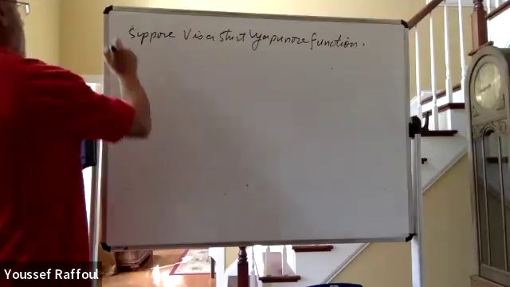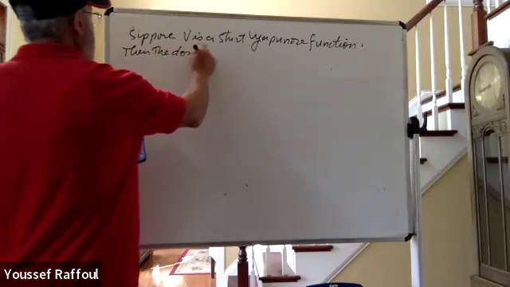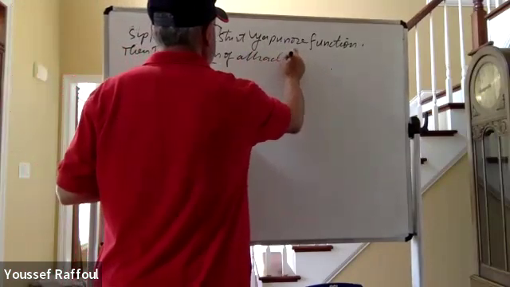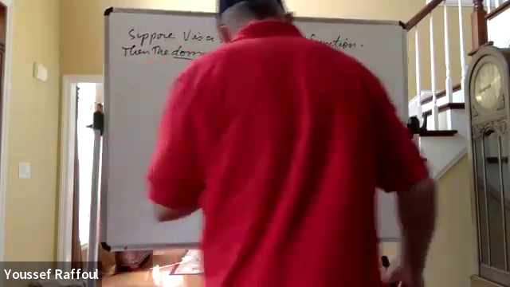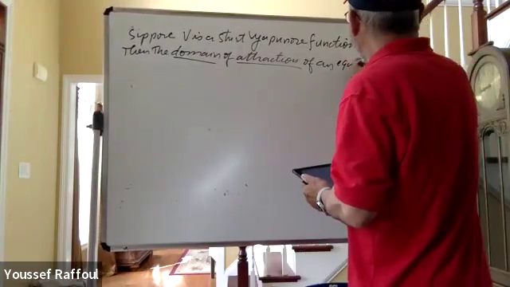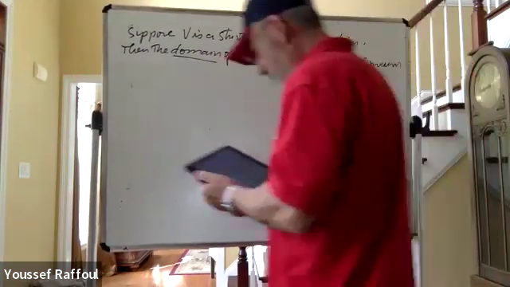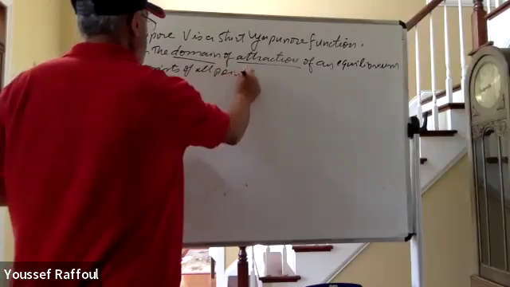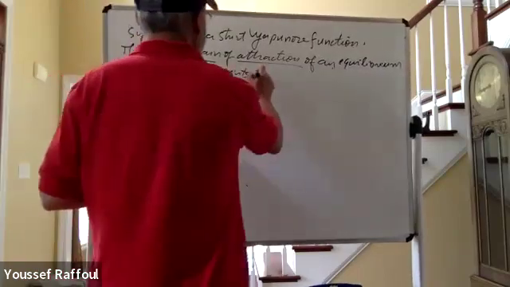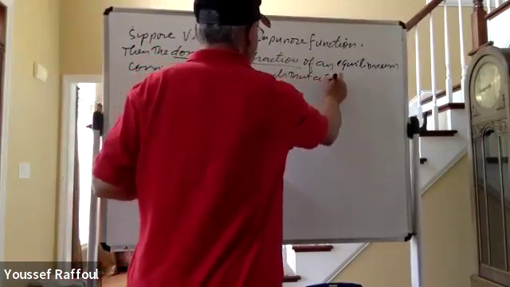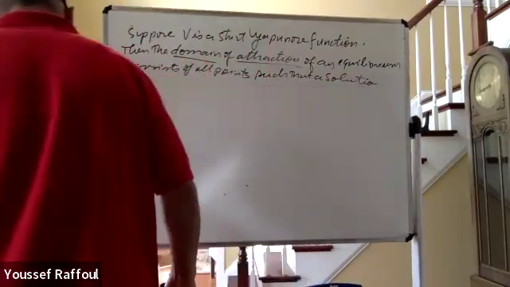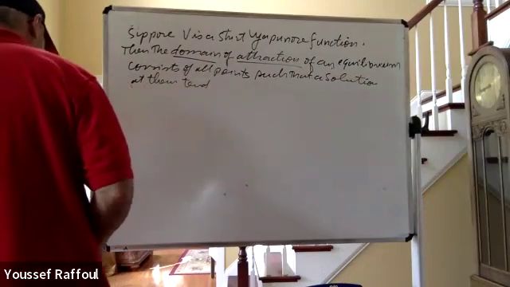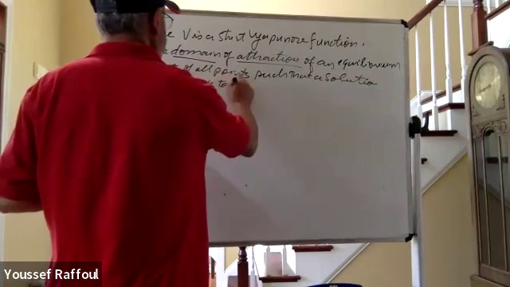Then the domain of attraction of an equilibrium consists of all points such that a solution of them tends to the equilibrium.